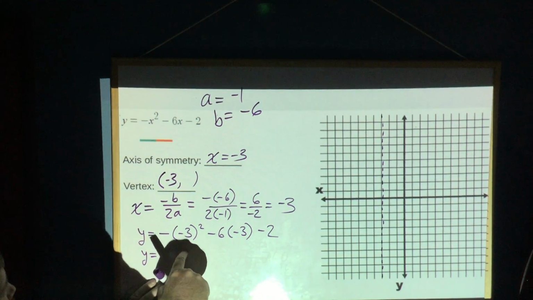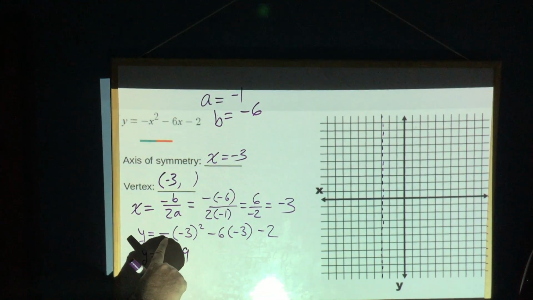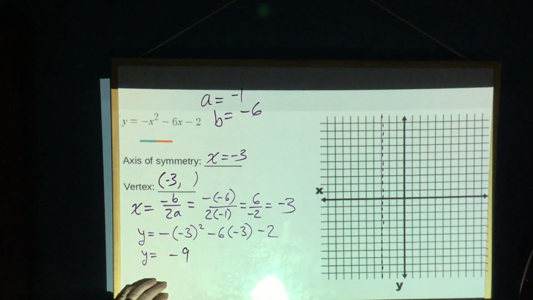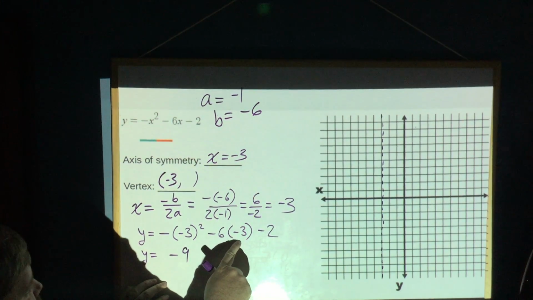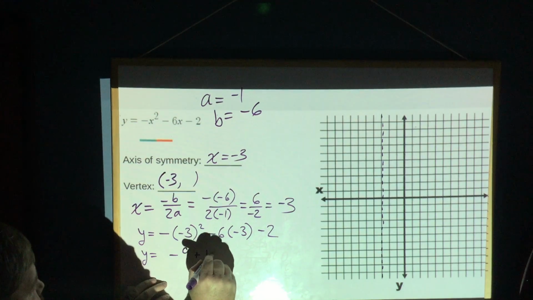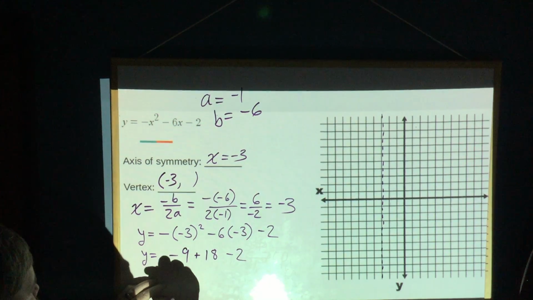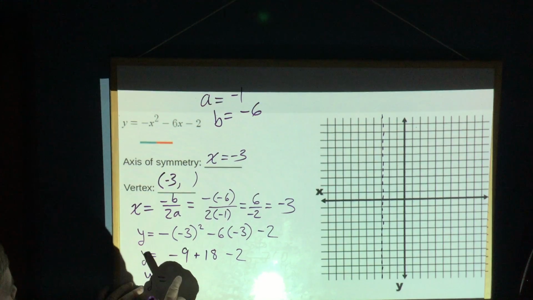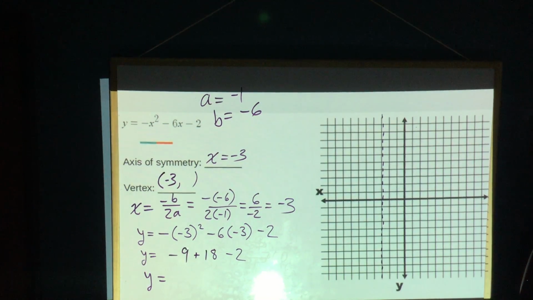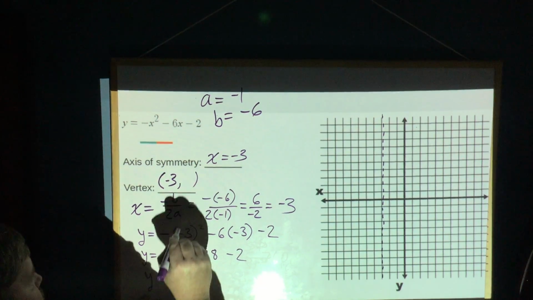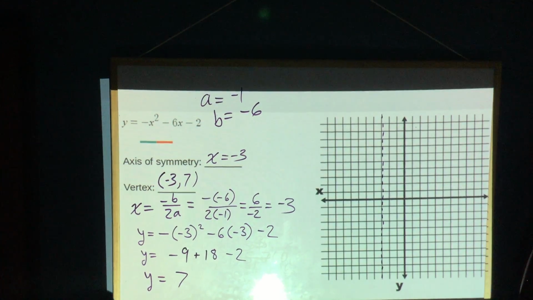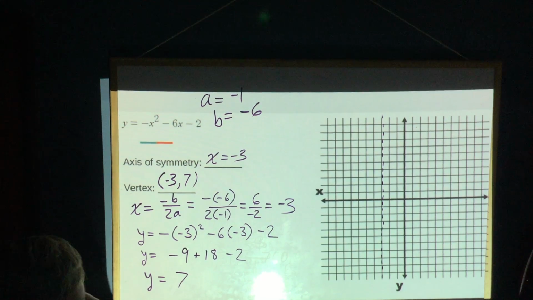Square -3 and you get 9. Drop that negative and it's back to -9. -6 times -3 is +18, then minus 2. -9 plus 18 is +9, minus 2 is 7. So we get -3, 7.